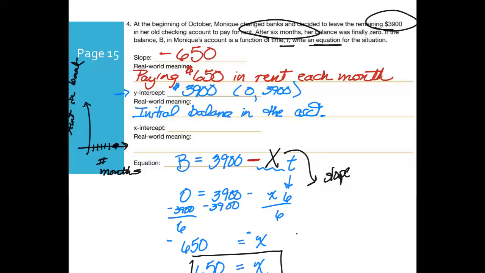So that point is going to be right there. So what is your x-intercept? 6, or 6, 0. Because after 6 months, there was no money left in the account.